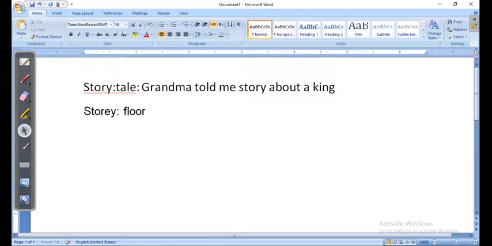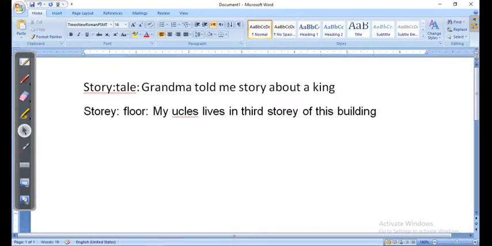And in this storey you may write: my uncle lives in the third storey of this building. These are called homophones in English. They are spoken in the same manner, but their meaning differs.